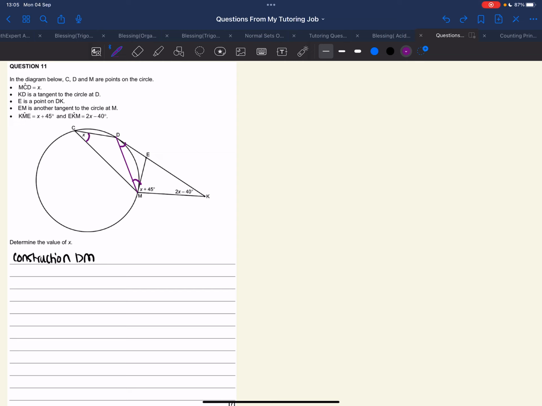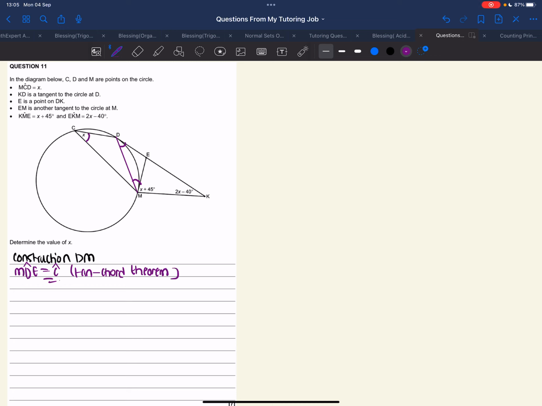All right, so now let's do that. So I'm going to say angle MDE equals angle C, and the reason for that is the tangent-chord theorem.